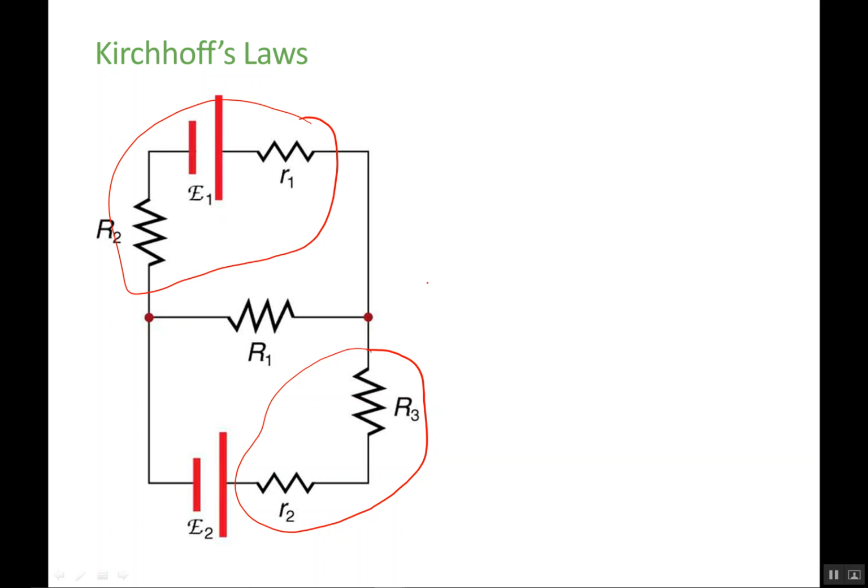But we could also study what's going on in the circuit using Kirchhoff's laws, which, as we'll see in the next few slides, are basically statements of charge being conserved and energy being conserved as electrons or current move around the circuit.